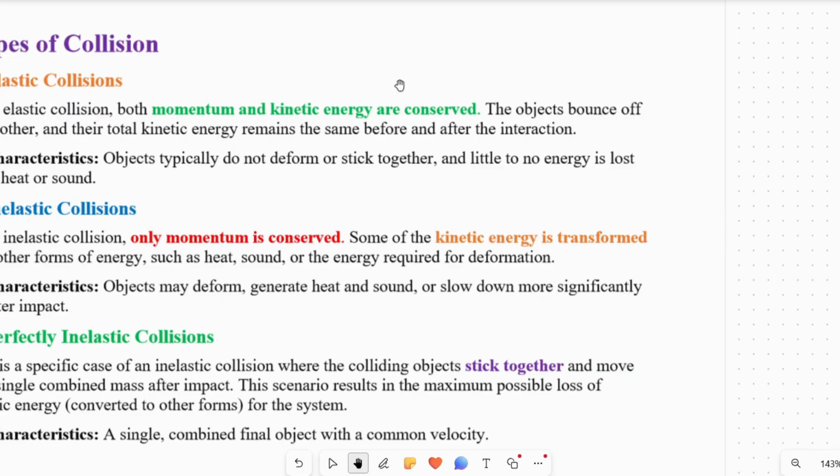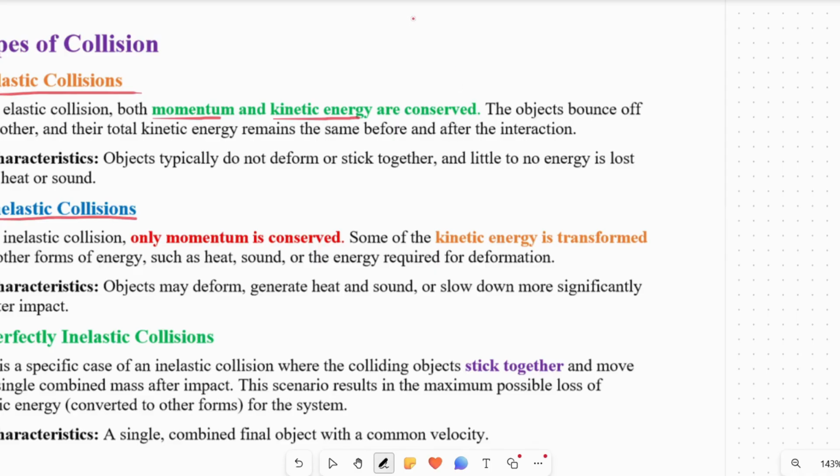Number one, remember, whenever two objects collide, it's either an elastic or an inelastic collision. So what is an elastic collision? In an elastic collision, both momentum and kinetic energy are conserved. That is what is important here.